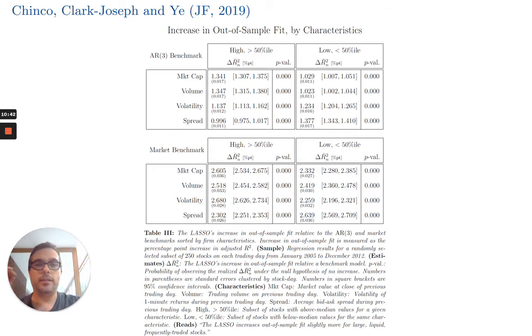And you see here that the gains are significant if you look at high or low sets. And this is with respect to the AR3 benchmark. Okay?